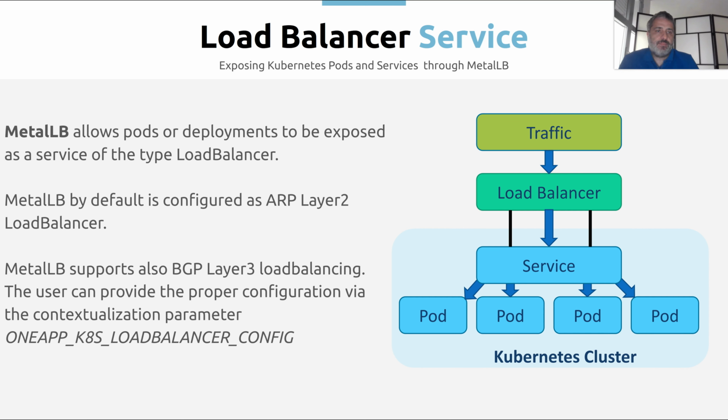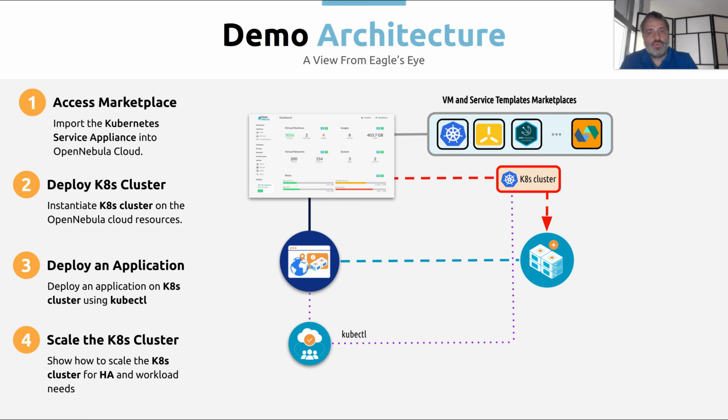Okay, so these are the most important features that I wanted to introduce in the talk, and now I'm going to show you this appliance by doing a demo. The demo will show you the most important steps.